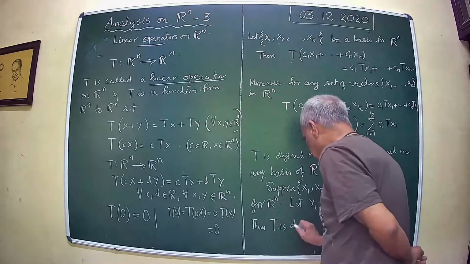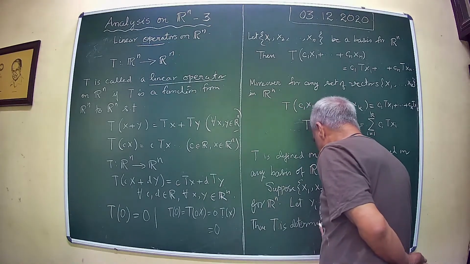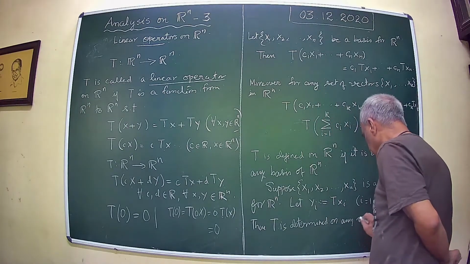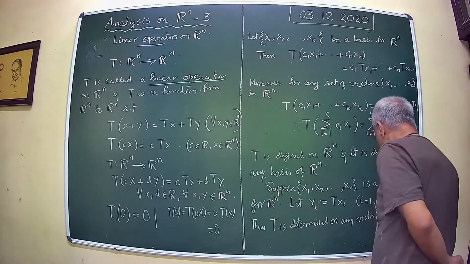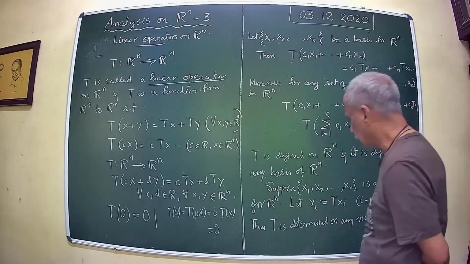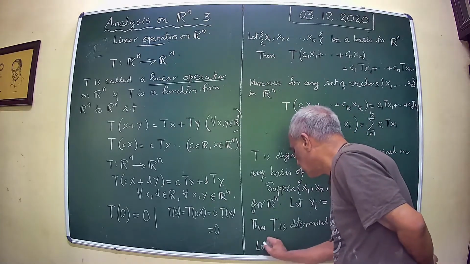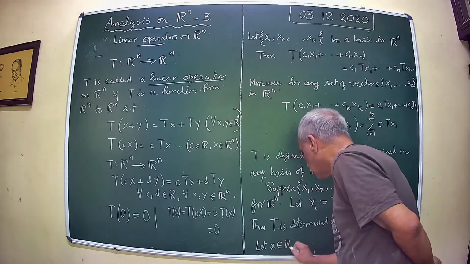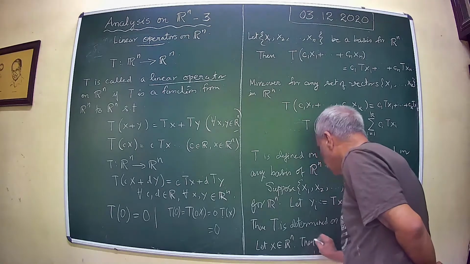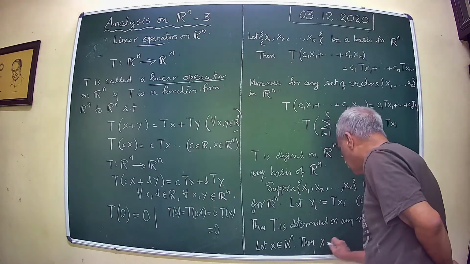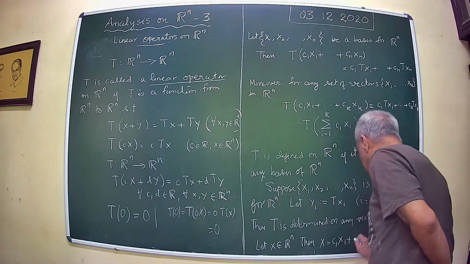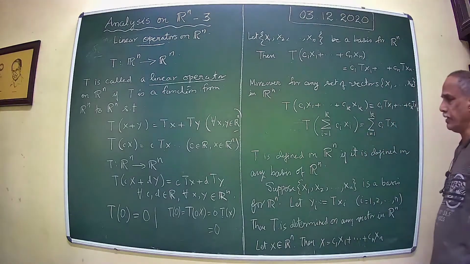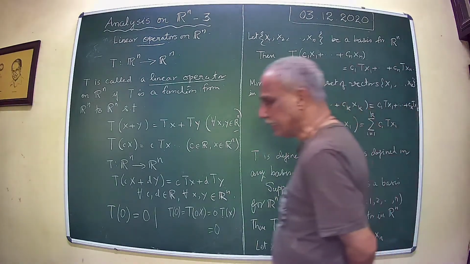T is determined on any Rn. How is that? Let x belong to Rn, then x is equal to c1 x1 plus up to cn xn, where c1, c2, etc., cn are determined uniquely.